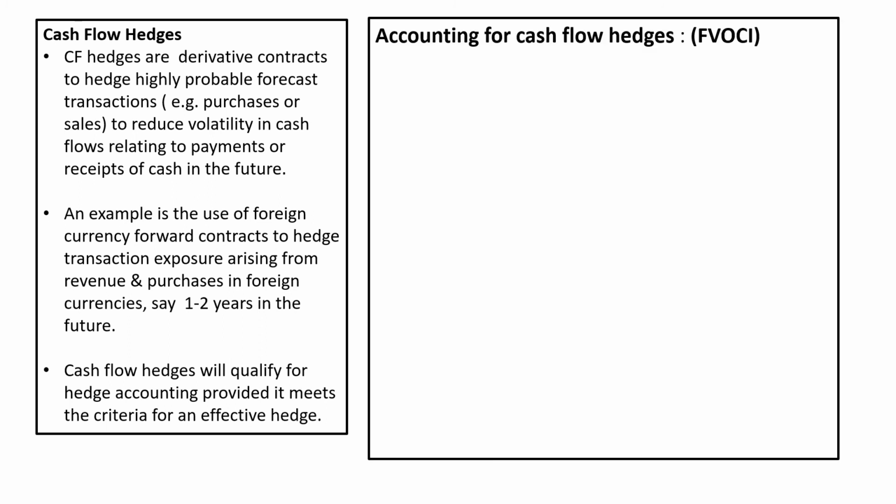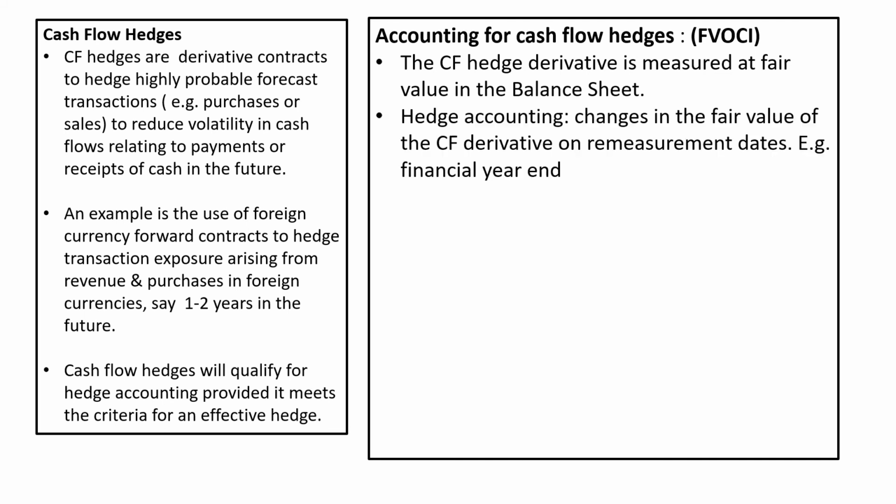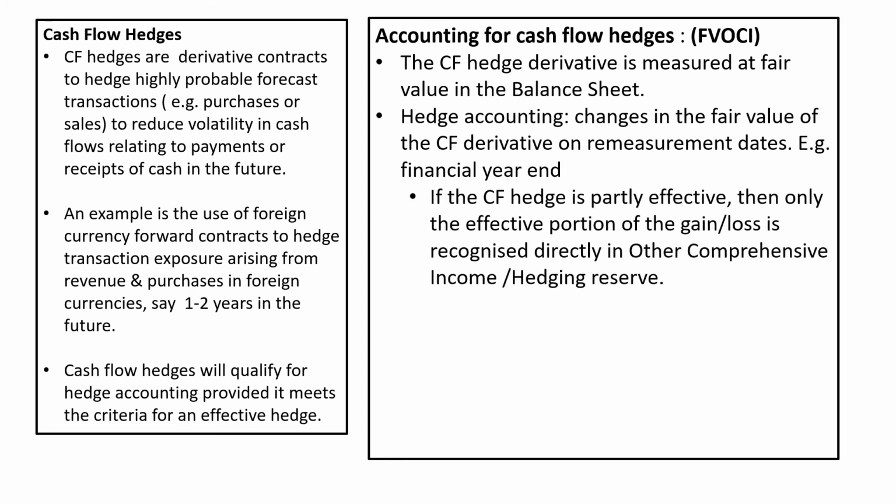Accounting for cash flow hedges, the measurement basis is fair value through other comprehensive income. The cash flow hedge derivative is measured at fair value in the balance sheet. Changes in the fair value of the cash flow derivative are recognized on remeasurement dates, for example financial year end.